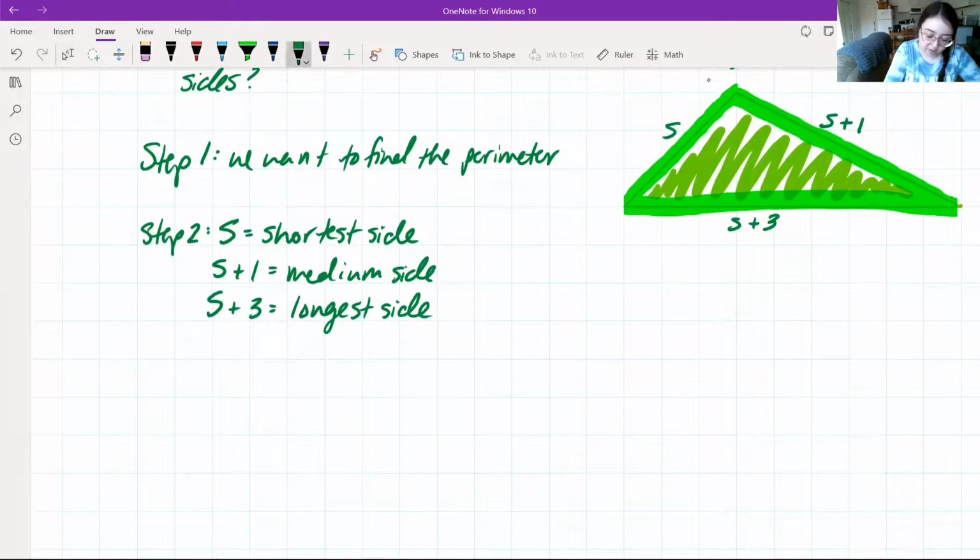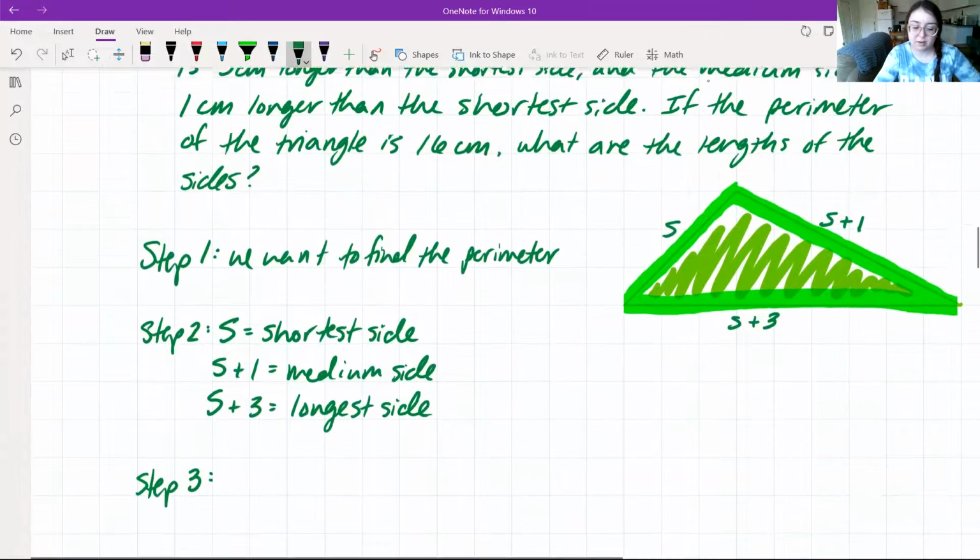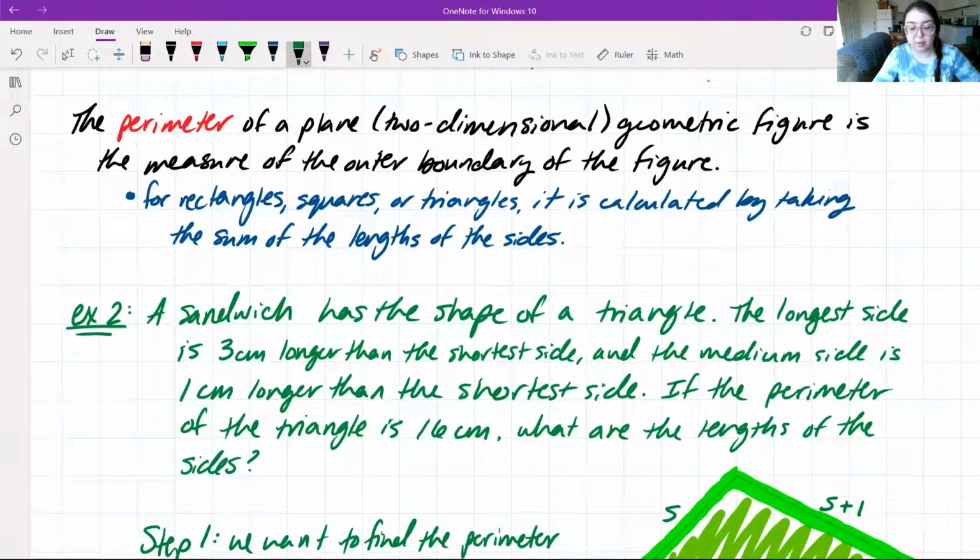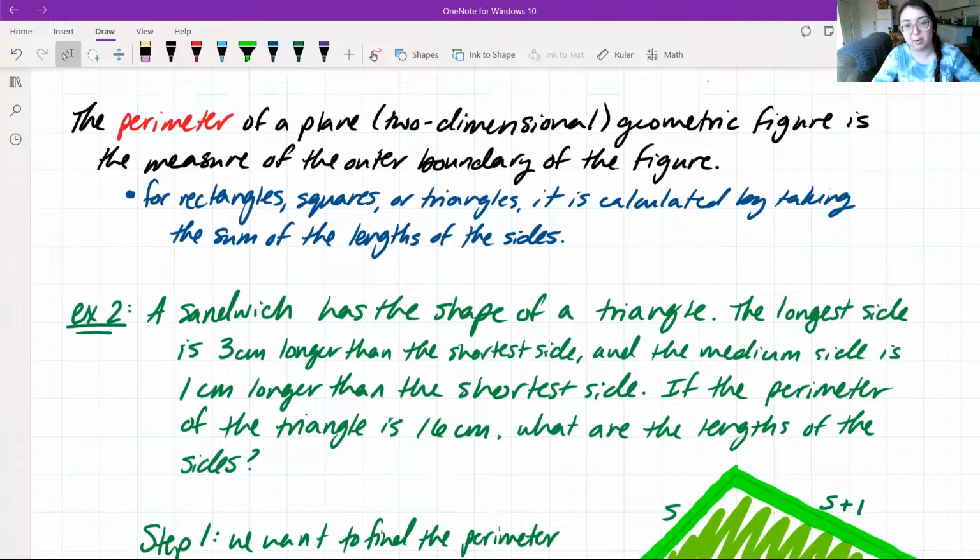So for step 3, we want to write out our equation. We know that the perimeter of a figure is the measurement of the outer boundary, or calculated by taking the sum of the lengths of the sides. So what we're doing is we're adding each one of the sides together and we're letting it equal the perimeter.